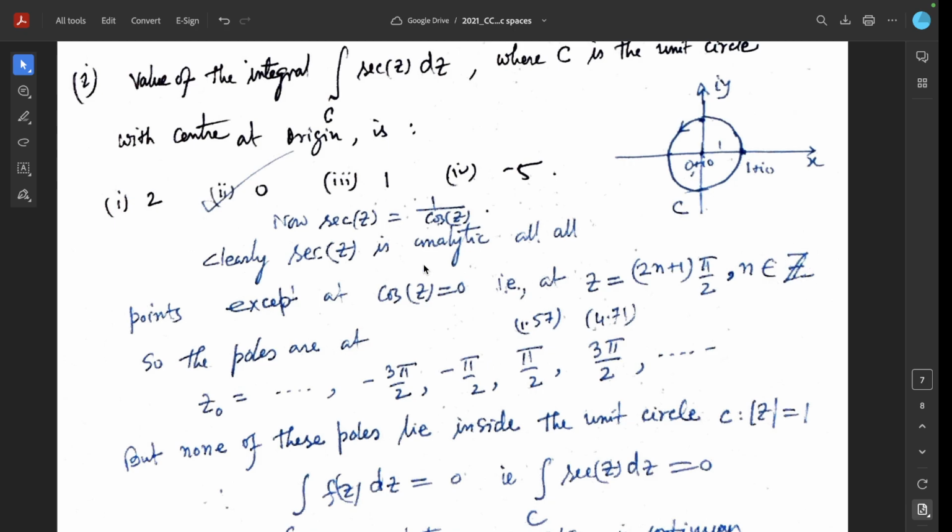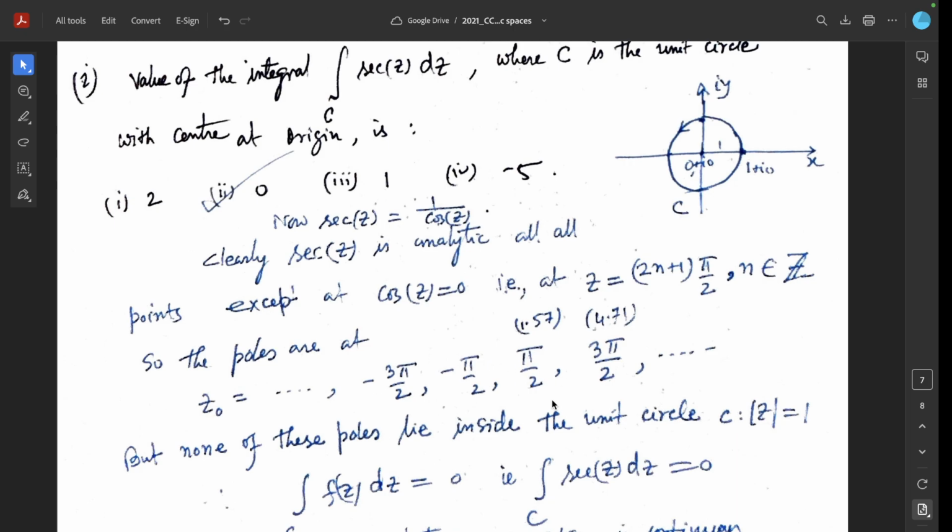So the poles are where the denominator is 0, say z0. Put n equal to 0, we get pi by 2; n equal to 1, 3 pi by 2; n equal to minus 1, minus pi by 2; that is 1.57, 4.71.